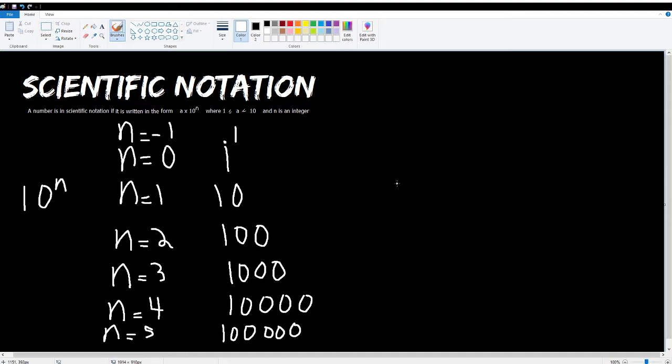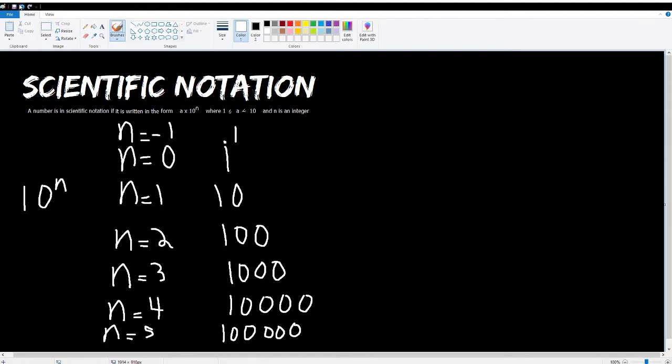And if you are multiplying by a negative exponent of 10, your number's decimal is going to move to the left. Okay, so let's see some examples. The first thing we're going to do is translate and convert a scientific notation into a regular number.